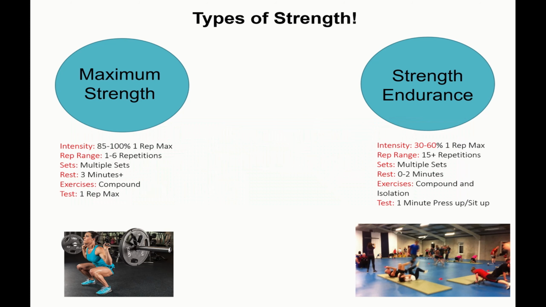If we look at the intensity, then we should be between 30 and 60% of our 1 rep max. As we mentioned, intensity and volume are inversely related, so the lower the weight, therefore the more repetitions that we're able to do. Now, if we're going for endurance, it is generally recommended at least 15 repetitions on a particular weight will bring about an endurance response.